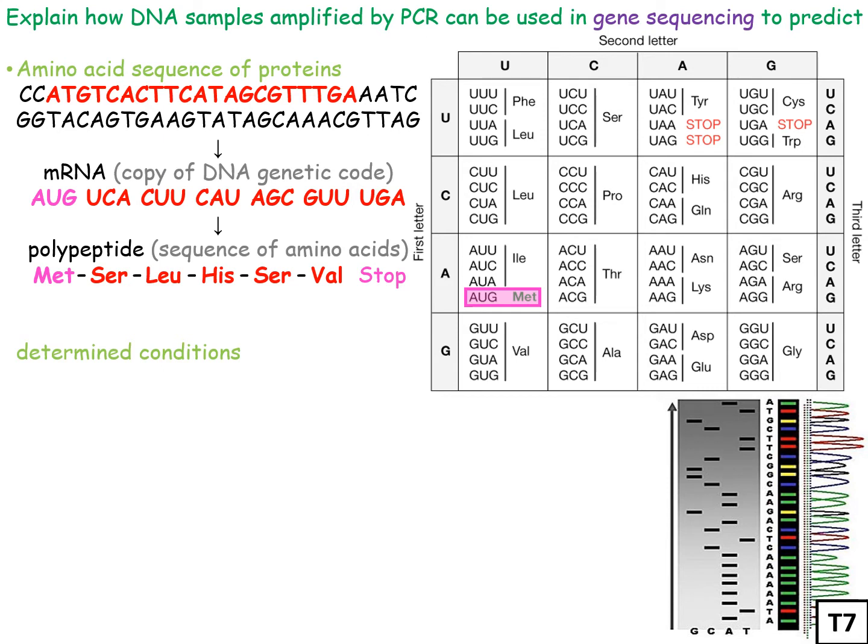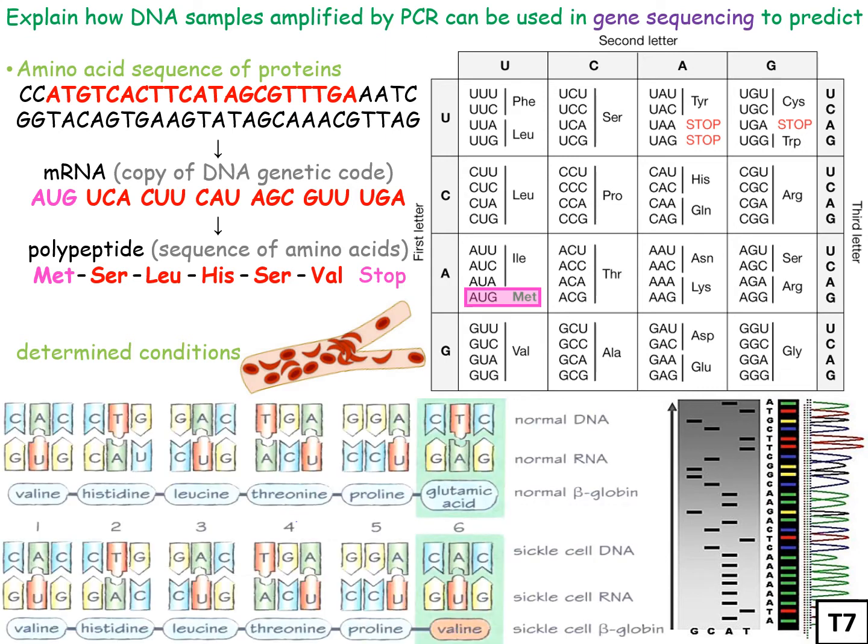We could also amplify samples of DNA by PCR and use it in gene sequencing to predict certain determined conditions. And again, we learnt about this with sickle cell anemia, where there is a point mutation, where the mutation in the codon codes for the amino acid valine instead of glutamic acid.